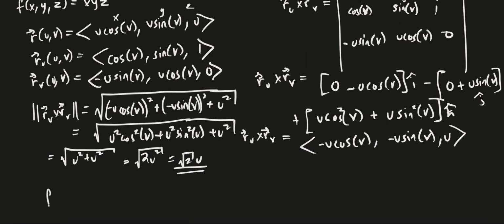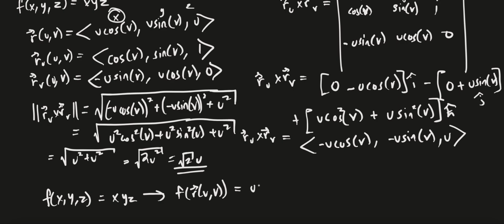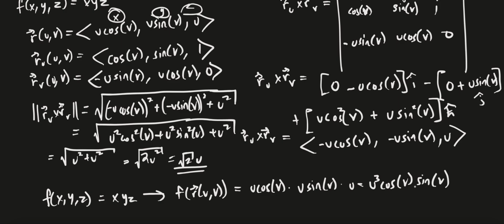Now we want to convert f of x, y, z to f of r(u, v), which is just equal to x, which is u cosine v, times y, which is u sine v, times z, which is u. So it's u cubed cosine v sine v.